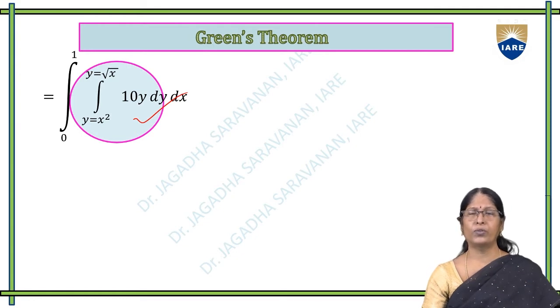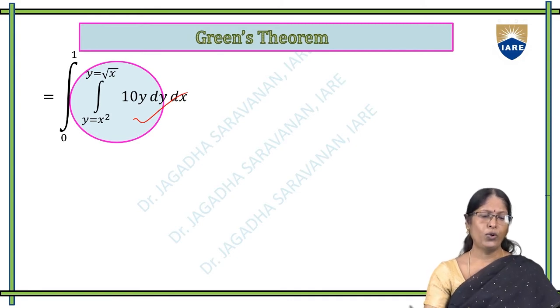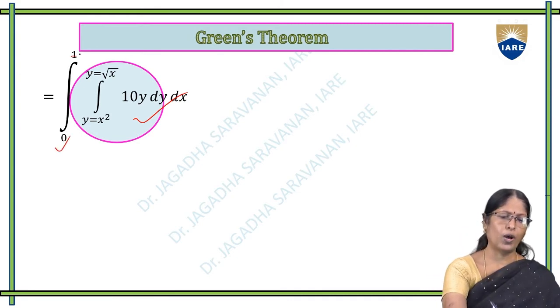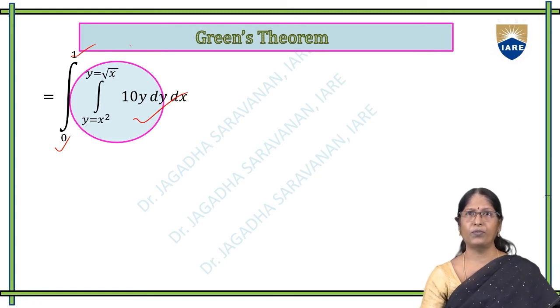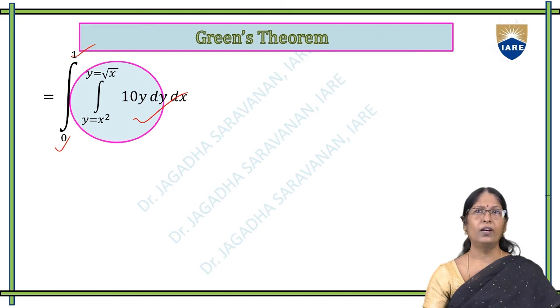Mostly, if we take the curves as the limits for the interior integral, there will be no complications. For the outermost integral, we have to give real numbers, then the result will be a number.